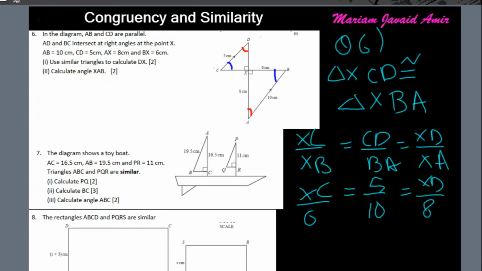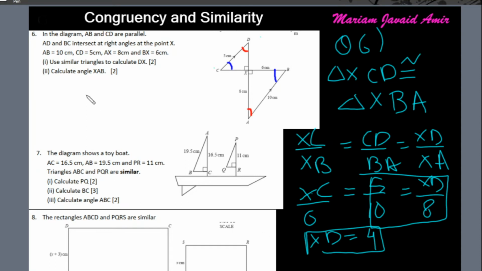So use these to find DX simply. XD would be 5 times 8 over 10, which gives us 4. Yes, XD equals 4.